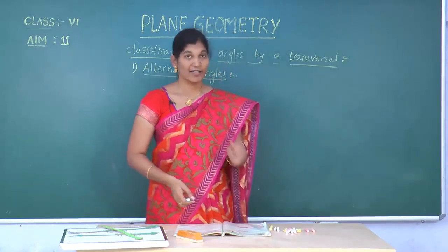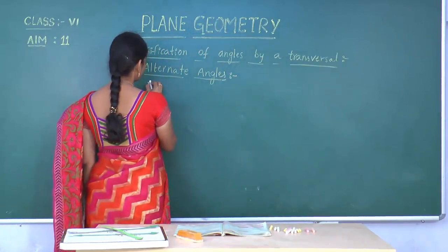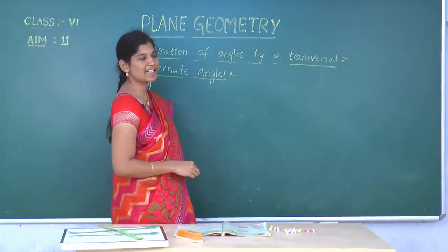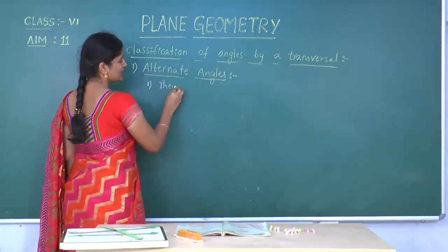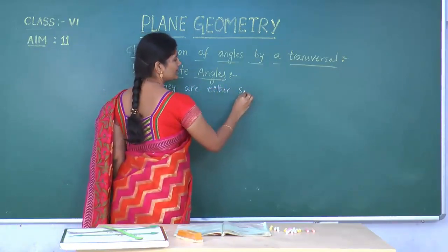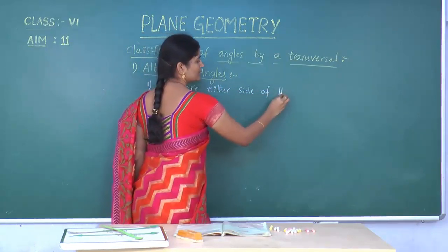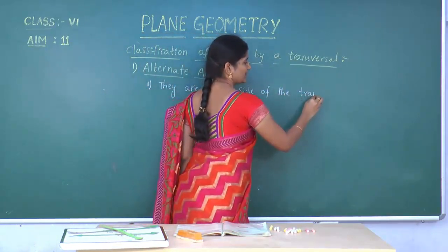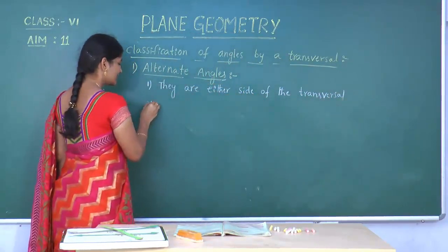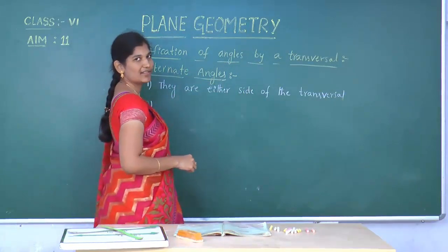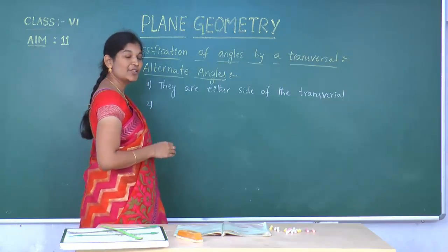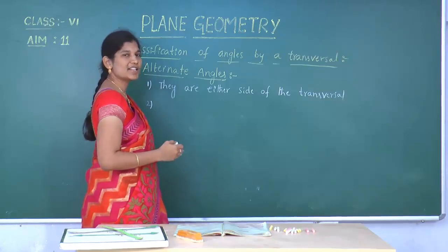First of all, the first condition is that they are either side of the transversal. And the second point is, they should be either interior or exterior.